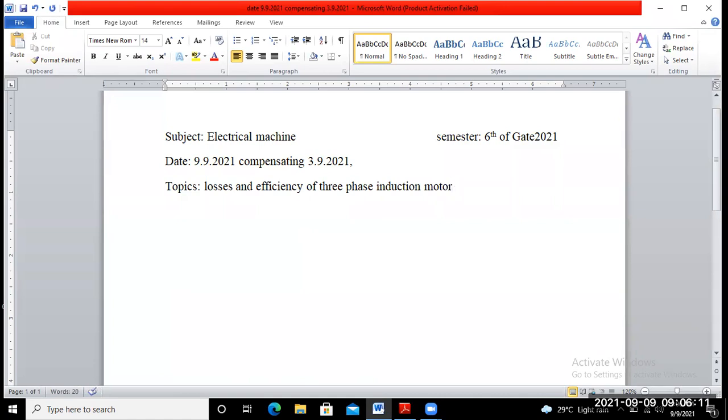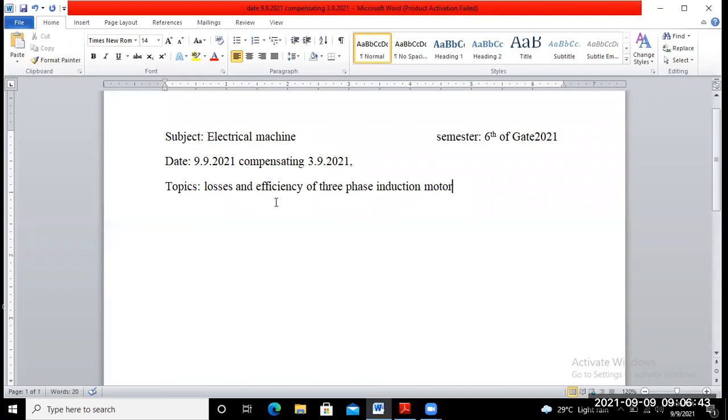So first of all, if we are able to find out the various types of losses that take place in the three-phase induction motor, then we are able to find the efficiency. As we know, the efficiency of an electrical machine, whether a transformer, induction motor, or other rotating machine, is output power divided by total input power.